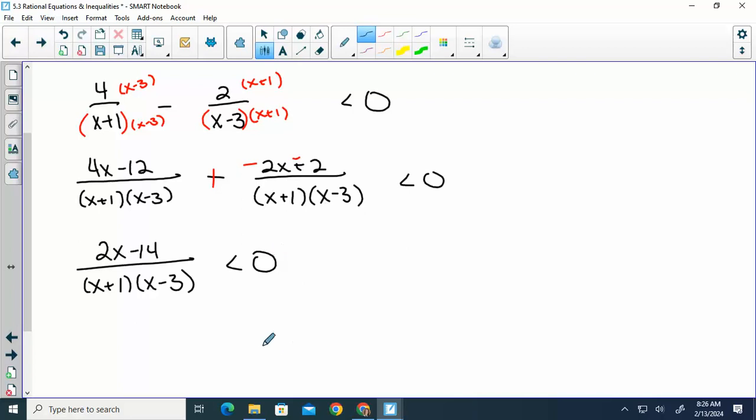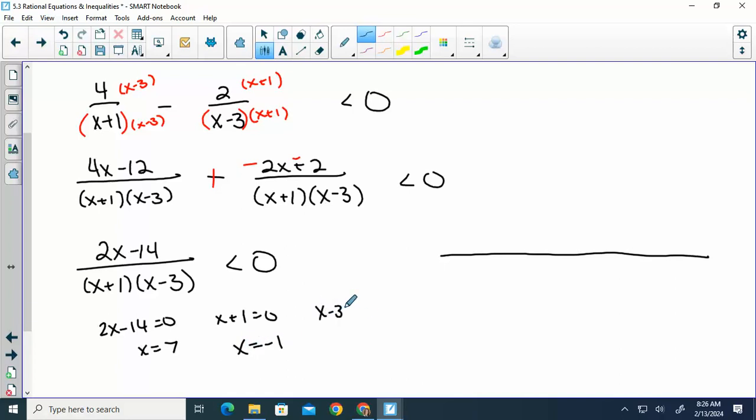This graph has more breaks. So now we find all those points for the number lines. So we set top and bottom equal to 0. So for the top we get 7. For the bottom we have to do each of these parentheses. So we have a negative 1, 3, and 7.